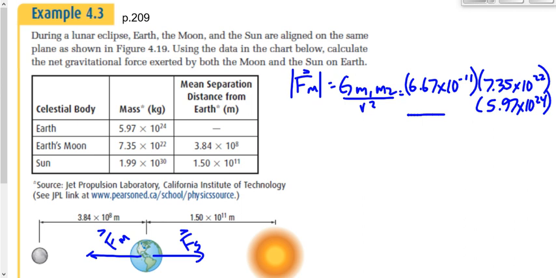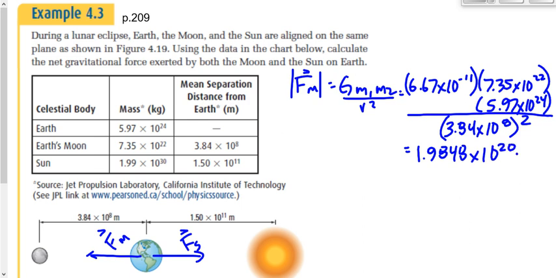We're going to divide all of that by the distance that separates the moon and the earth squared. When we do that, we should get a value for the force of the moon on the earth of 1.9848 times 10 to the 20 newtons. So a pretty big force, as you would expect. We need a big force in order to keep the moon in orbit around the earth.